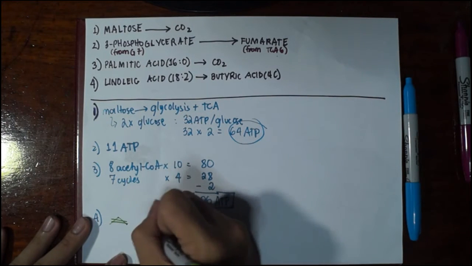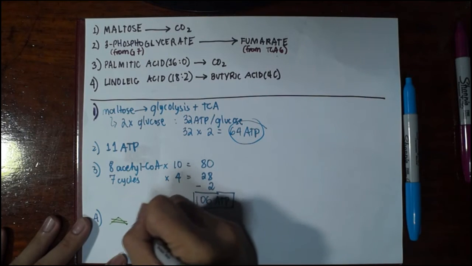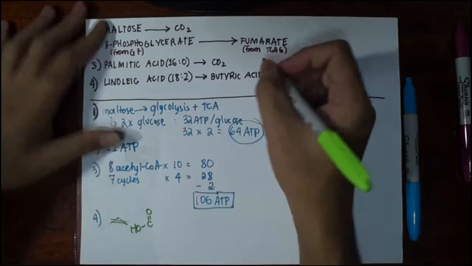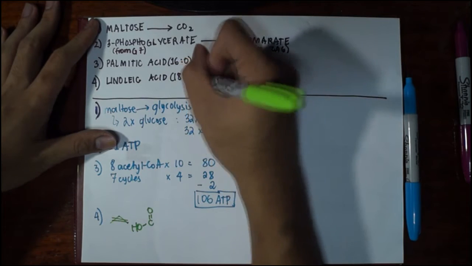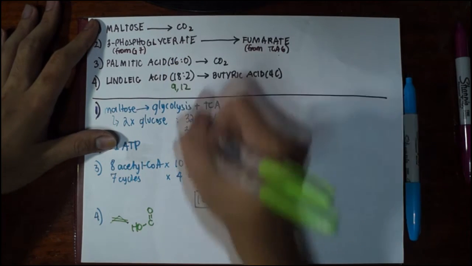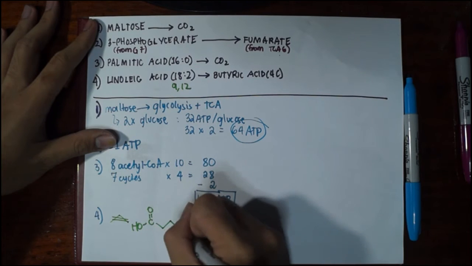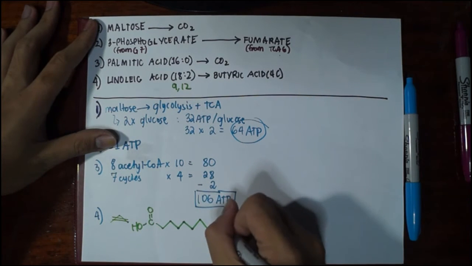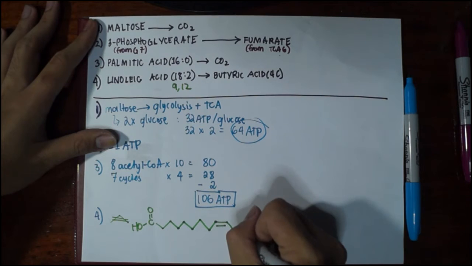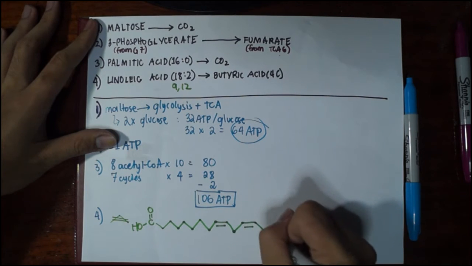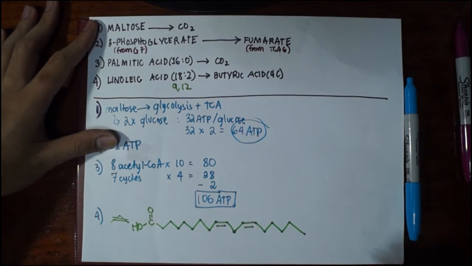Let's start with the COOH first. By the way, linoleic acid has double bonds on 9 and 12, so let's not forget that. 1, 2, 3, 4, 5, 6, 7, 8, 9, 10, 11, 12, 13, 14, 15, 16, 17, 18.